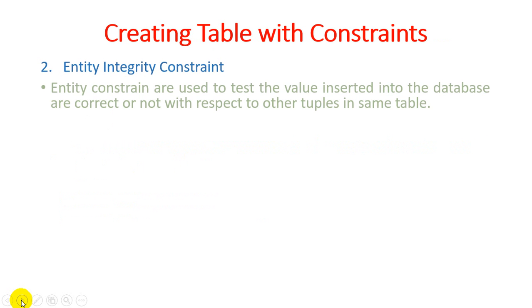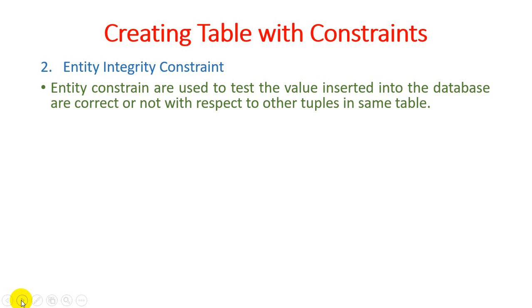The second thing which we are discussing is creating a table with constraints known as entity integrity constraints. Entity integrity constraints are used to test whether the value inserted into the database is correct or not with respect to another tuple in the same table. Means in this entity integrity we verify with a comparison concept.